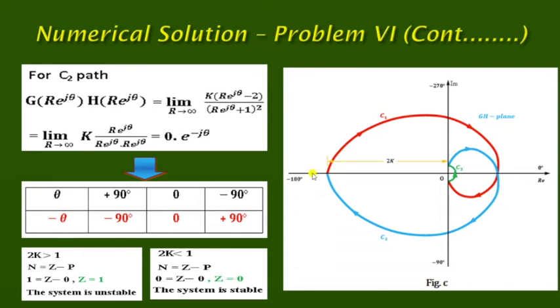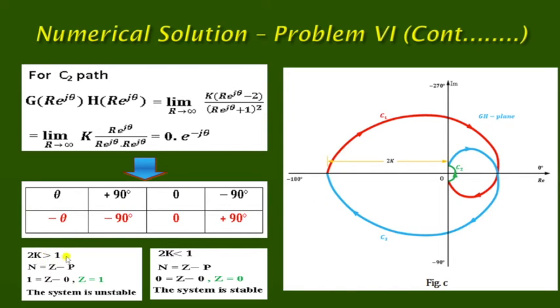Then find whether the minus 1 plus j0 point is inside or outside of the closed contour. The magnitude here is 2K.